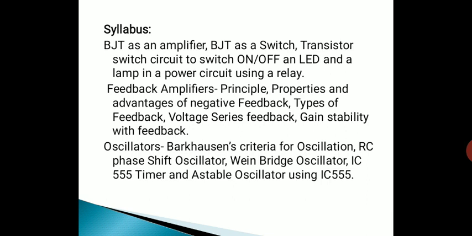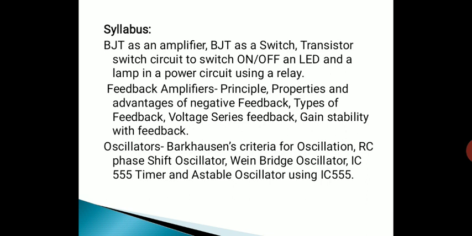So we have to start with the first part of this module, that is BJT applications. But as you all know, in this subject we have not studied what exactly a BJT is, but we have to study applications of BJT.